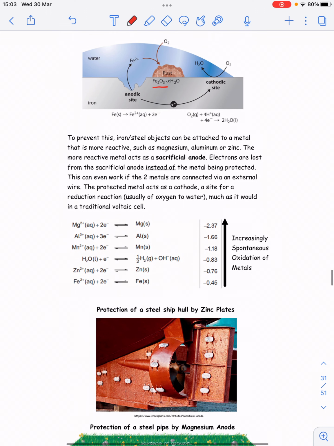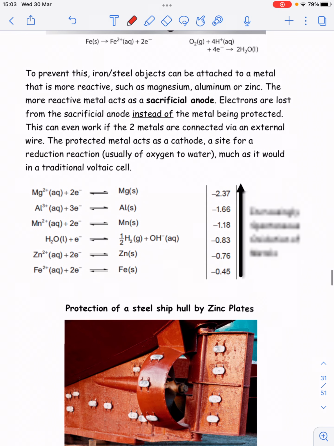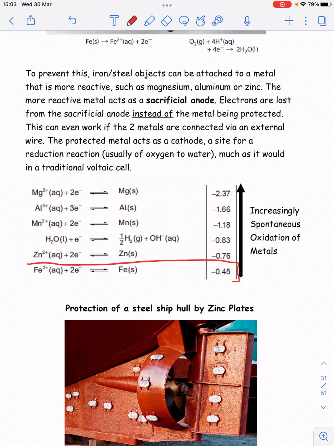So the idea of a sacrificial anode takes the idea of the activity series. Here's iron on our cell potentials, our activity series here. If you attach a more reactive metal to the iron, then that metal will oxidize first, preferentially, instead of the iron. The metals that are typically used are magnesium, aluminum, and zinc, depending on the application.